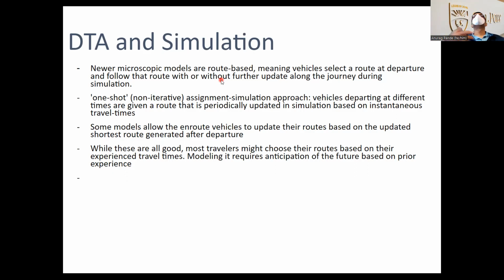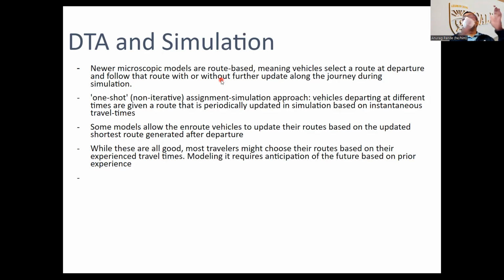So vSim would run one iteration of the network, and then it will say, okay, I'm going to do one more iteration and see, based on what I learned from the previous run, can I adjust my route and save on travel time? And then it'll keep going, adjusting either the path or the start time.